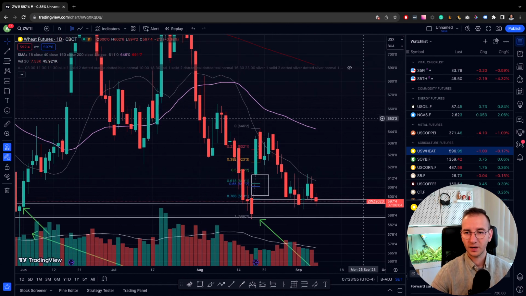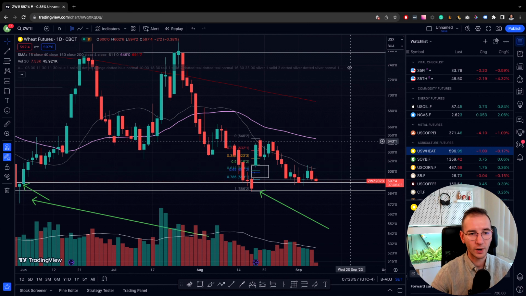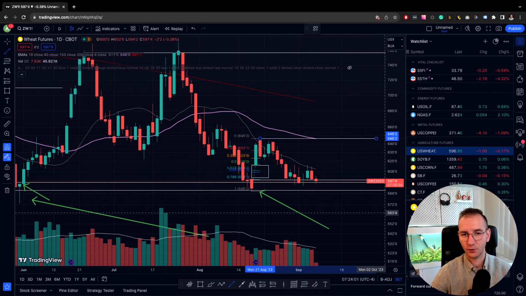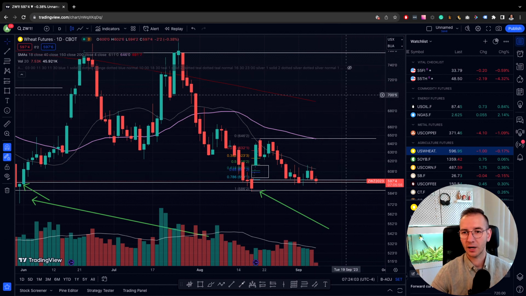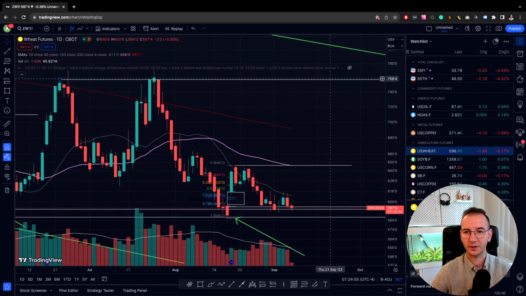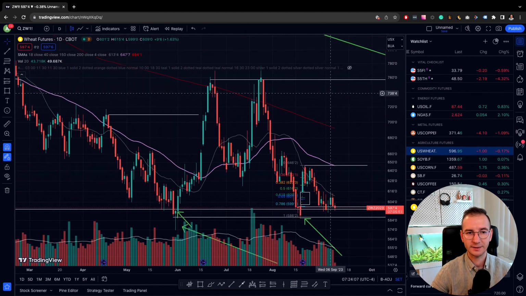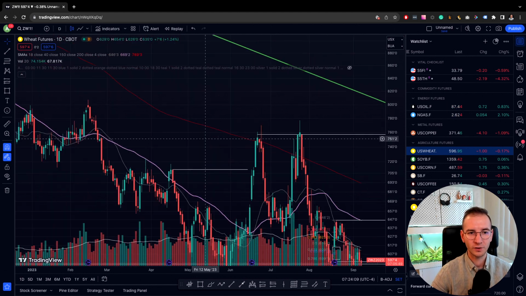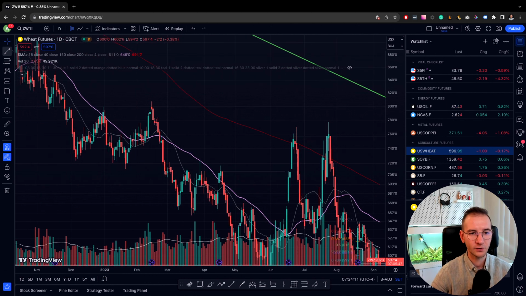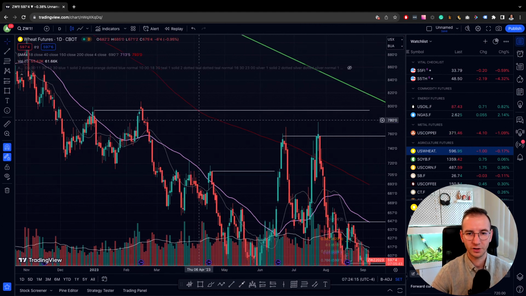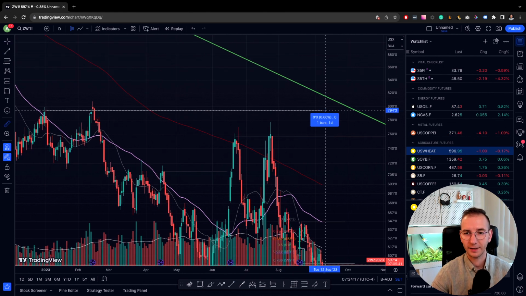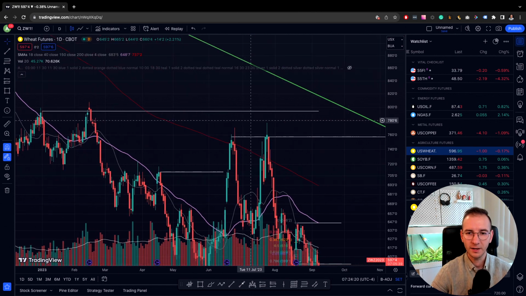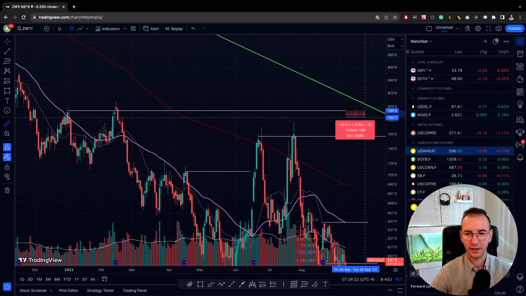I think that initially we are going to want to take out the swing highs from over here at 646, and then I would ultimately want to trade this up into not just 760, but I think that over here we have some significant liquidity from shorts that have shorted the commodity at around $800.